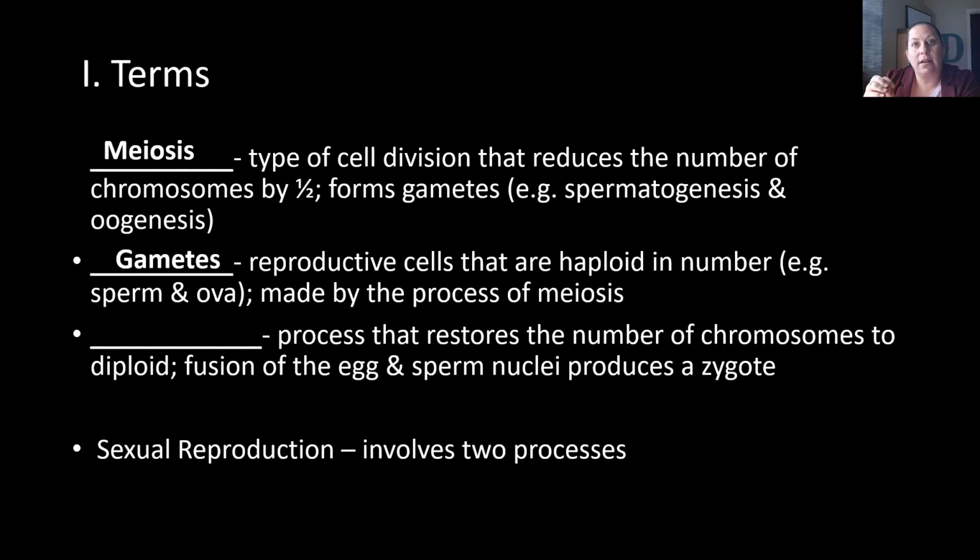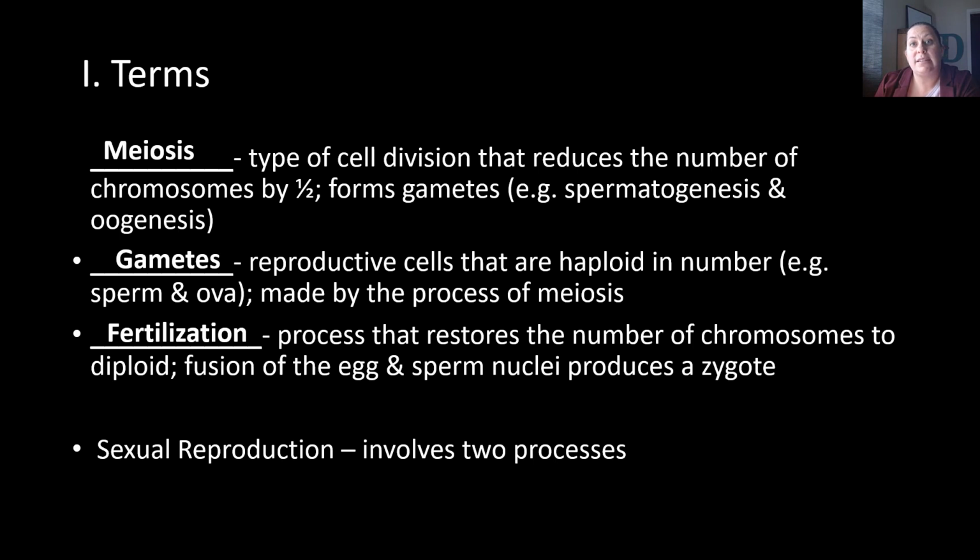Now, it's not good enough to just make egg and sperm. In order to make a new individual through sexual reproduction, those gametes have to restore the chromosome number back to 2N, and this process is known as fertilization. Fertilization restores the diploid number, the 2N, when fusion of egg and sperm nuclei happens.